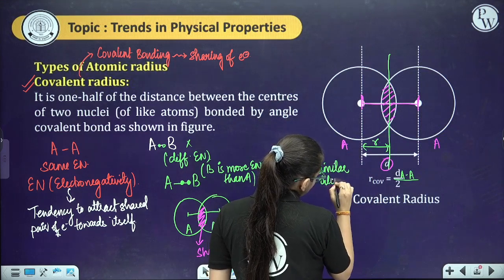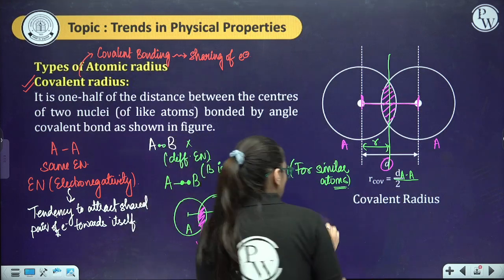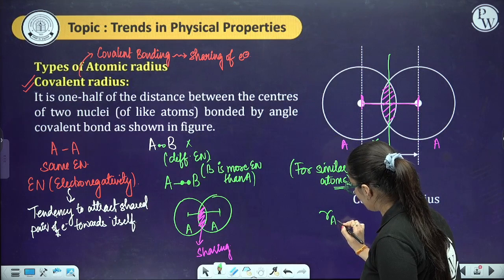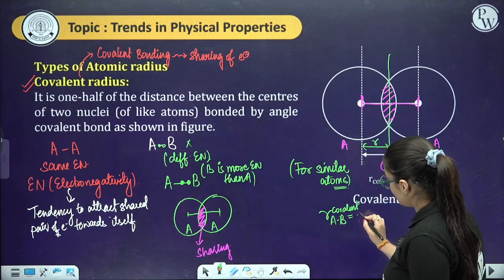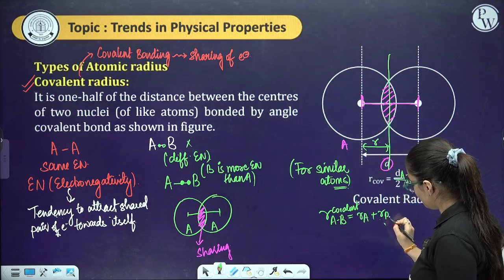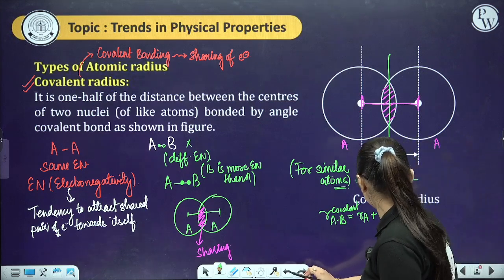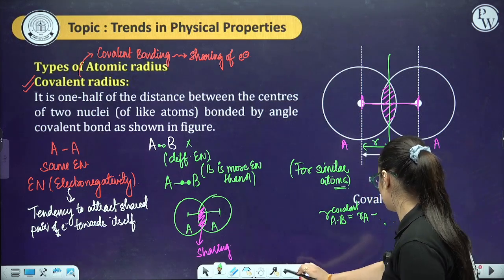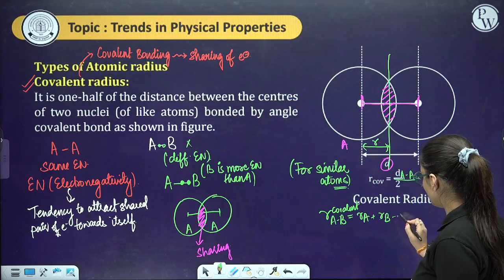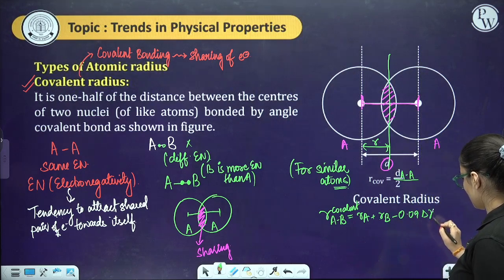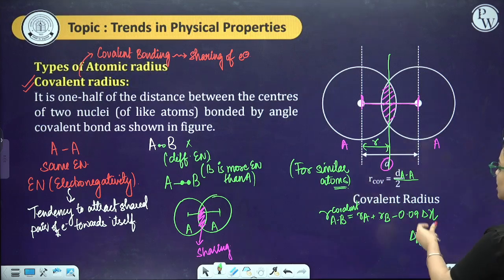Now this is for similar atoms. If you have different atoms, how are you going to calculate the covalent radii? Let us consider we have radius A and we have to calculate the covalent radius for A and B. So it is going to be the radius of A plus the radius of B minus 0.09 delta X. Now this delta X, it's not X basically, and you will get to it in detail in electronegativity.